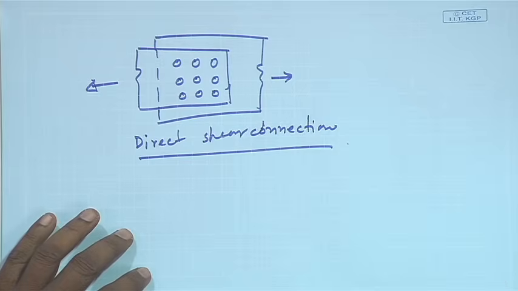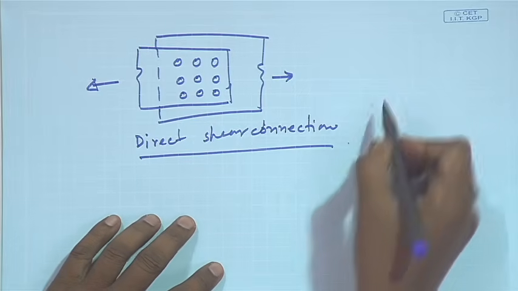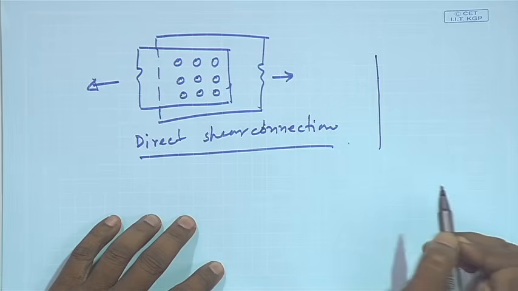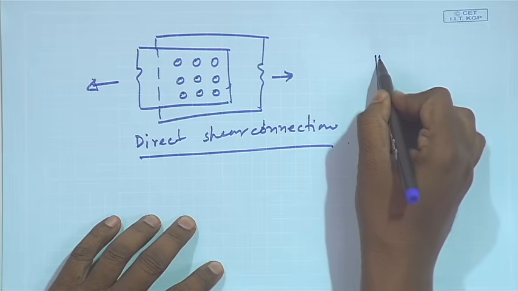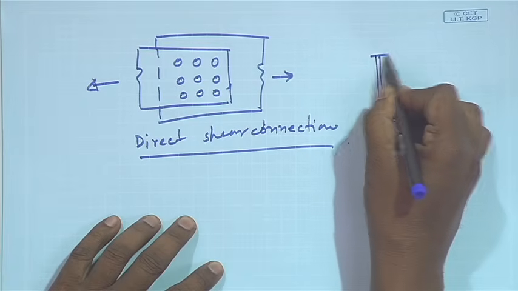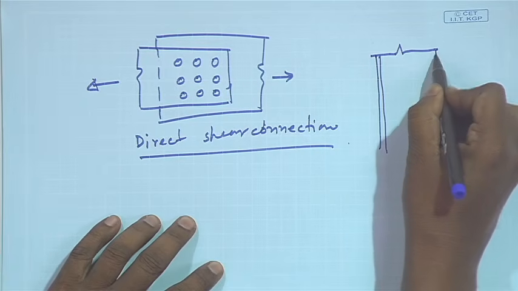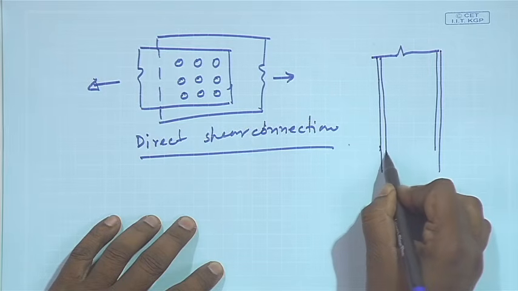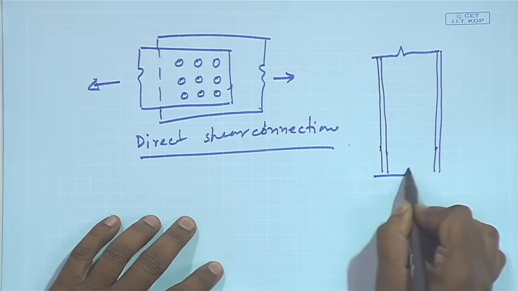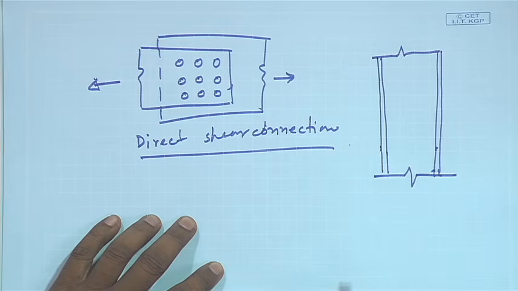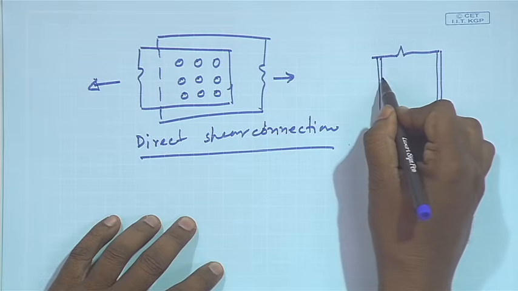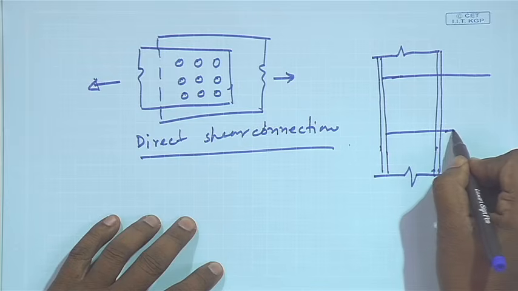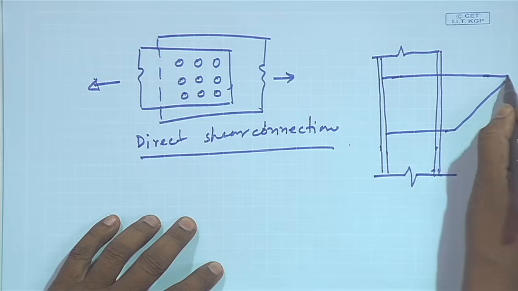Next is the eccentric connection. Eccentric connection means when a beam and column are connected together. Say for example, a column is connected with a beam member. And we have a member here, so maybe connected through a gusset.